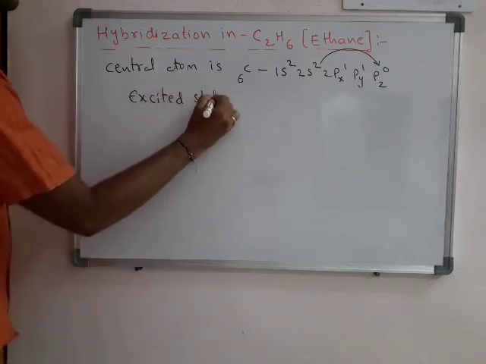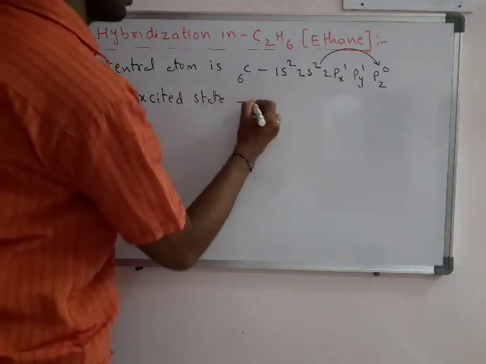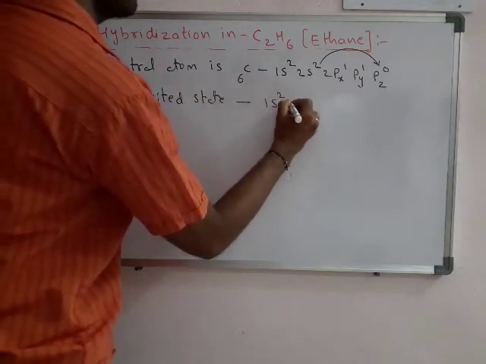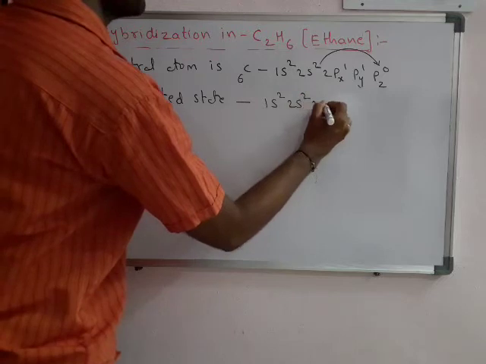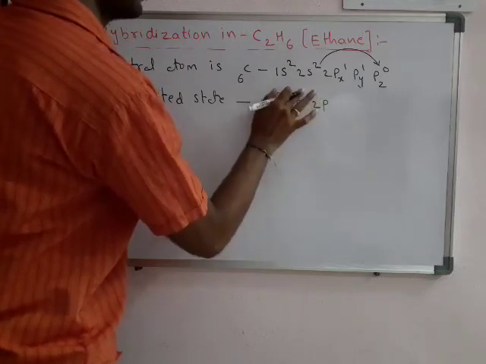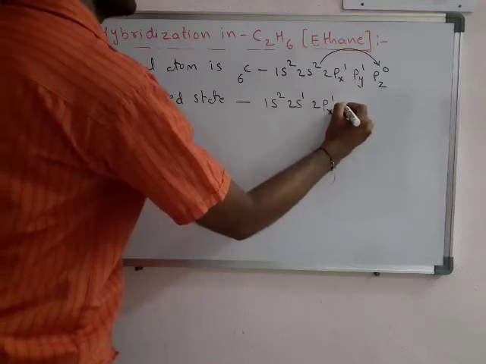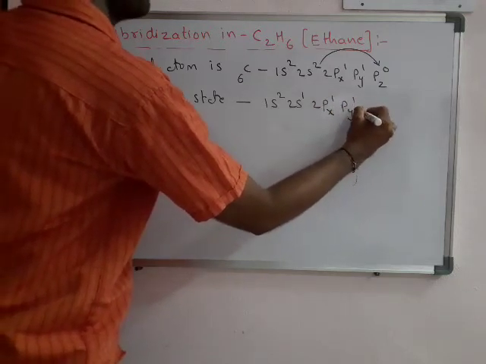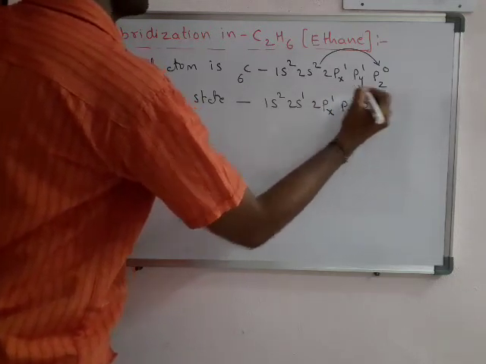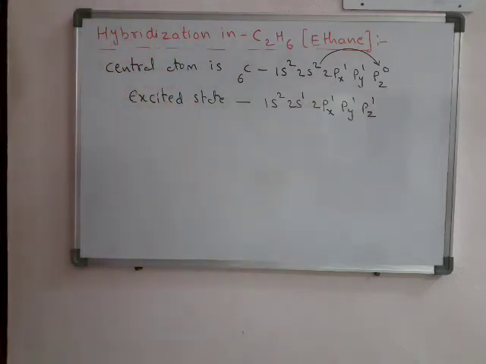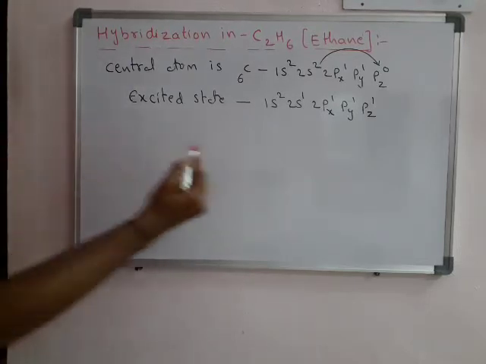So what happens in the excited state? 1s2 2s2, sorry, this electron is shifted to here: 1s2 2s1 2px1 2py1 2pz1. Now these 4 are involved in hybridization. Which hybridization? sp3.